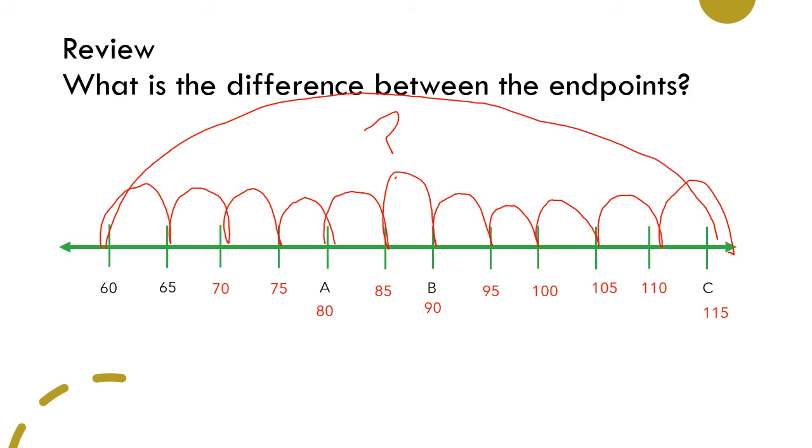So from the beginning to the end, the difference or distance was 55 centimeters. Thumbs up if that's what you got. Another way you could have solved that was by subtracting 115 minus 60 equals 55.